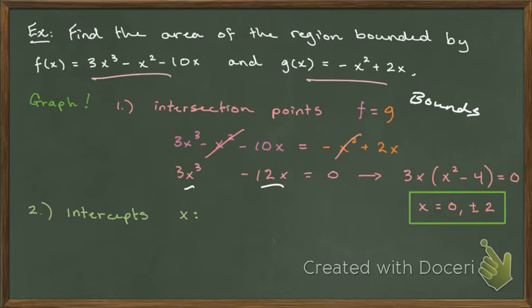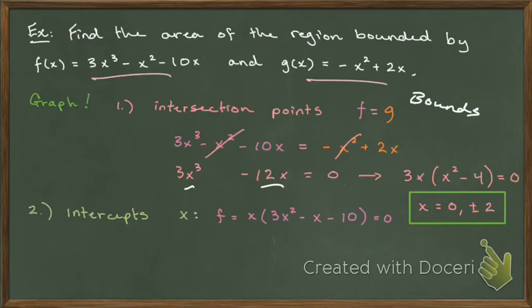So if I look at the x-intercepts of f of x, I want to try to solve the cubic equation f of x equals 0. I've already factored out an x there because there's an x in common of each of the 3 terms. Then I want to try to factor 3x squared minus x minus 10. I can factor that.